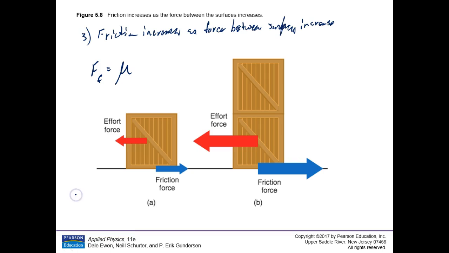So the force due to friction is mu times F sub N. This is a capital N, not the little n I was using for net force. This is why this book doesn't use net force, because they use F sub N to mean the normal force.